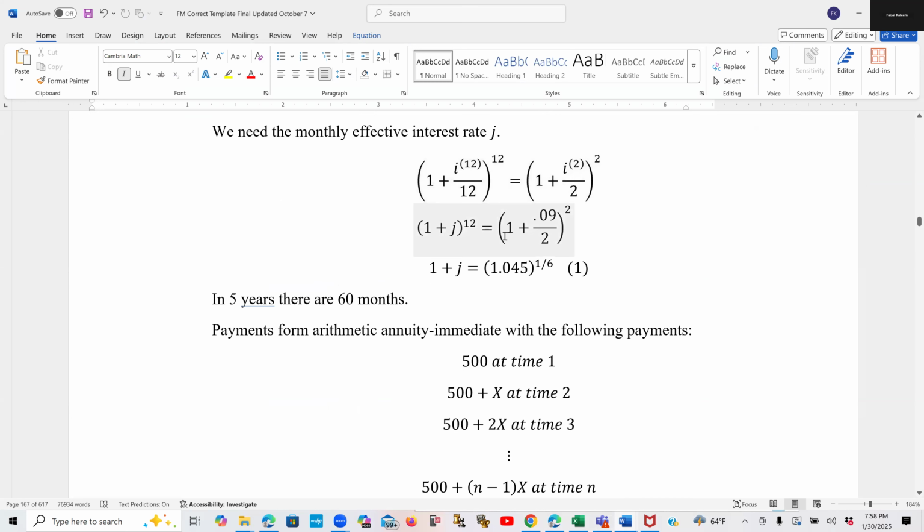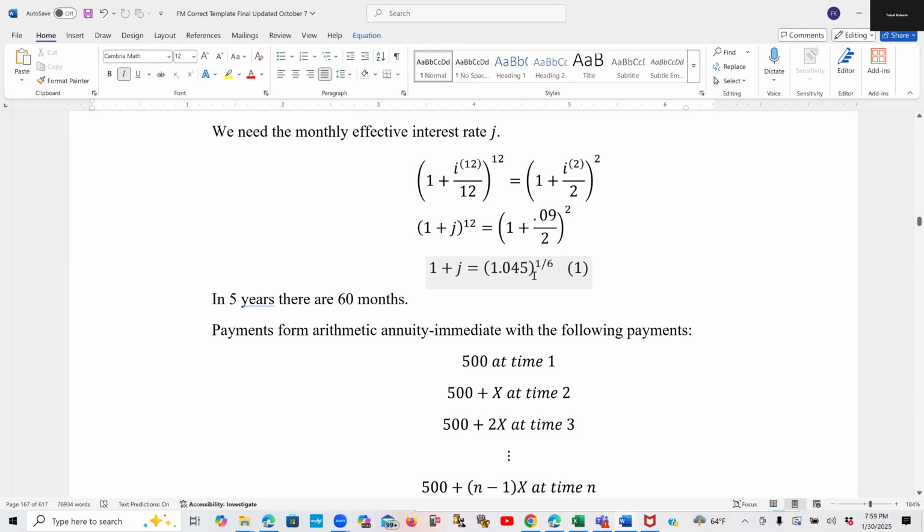And so i^(12)/12 is the monthly effective rate. Let's call it j. So (1 + j)^12 is (1 + 0.09/2) because the nominal semi-annual rate was 9%. So this gives us 1 + j = 1.045^(1/6).